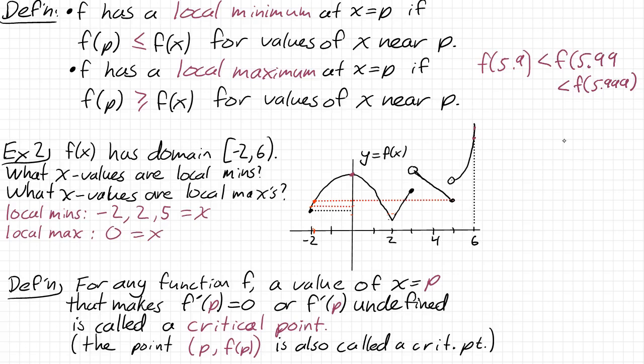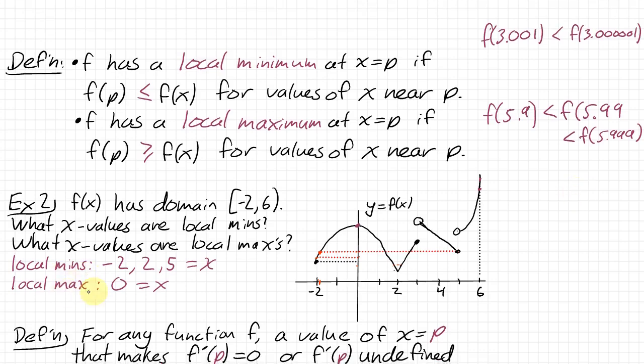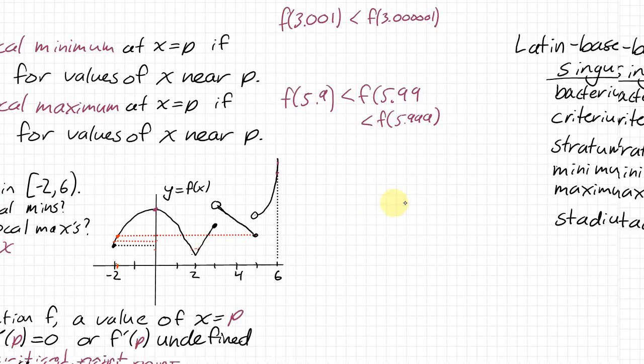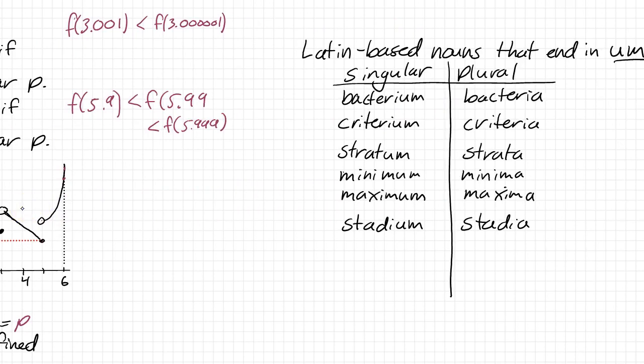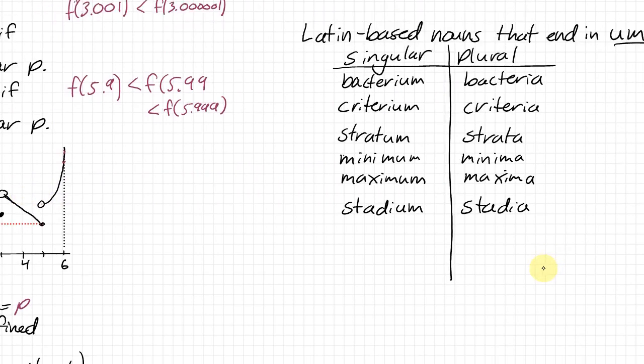And by the way, I'm using the words mins and maxes, but let's do a little side note here about some spelling. There are a lot of Latin-based words in English, as you know, like bacteria. The singular of bacteria, if you're just talking about one of them, is a bacterium.